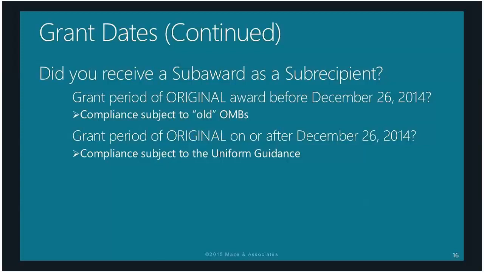An example that I gave in the first session of our webinar was: if City of Disneyland was awarded a federal grant November 1st, 2014, and passed through the grant monies to City of Universal January 1st, 2015, which compliance is it subject to? Well, because the original award date was November 1st, 2014, which is prior to the December 26th date, then the compliance is actually subject to the old OMB. So I hope that's clear.